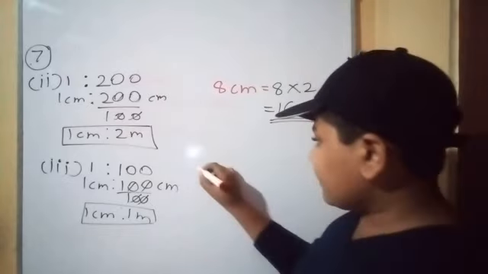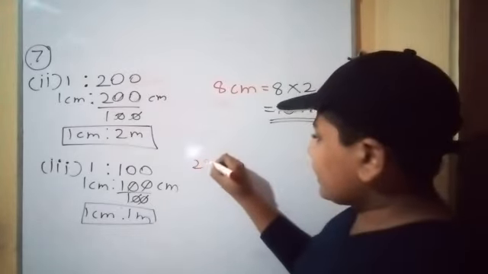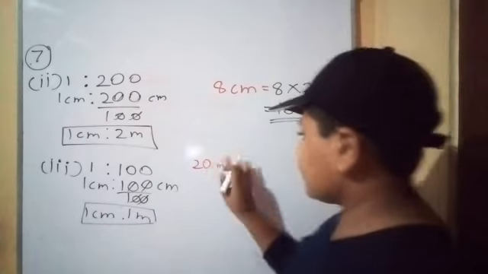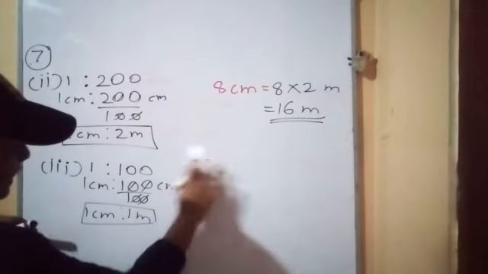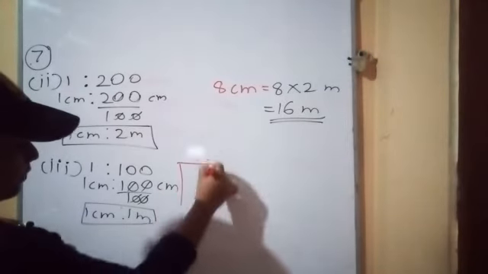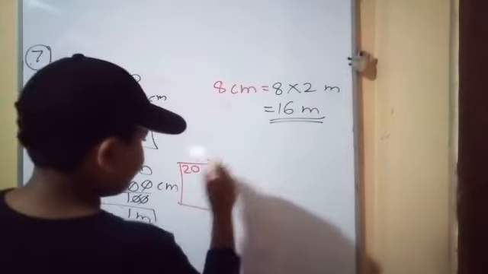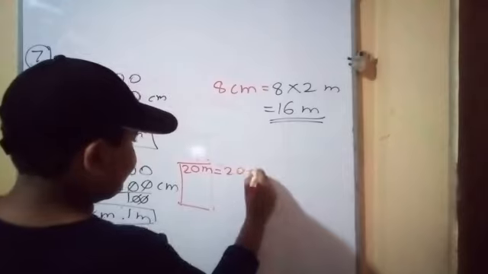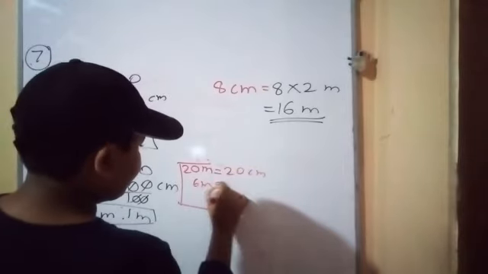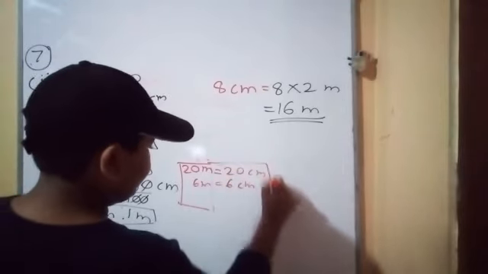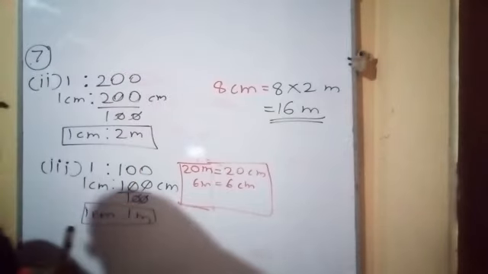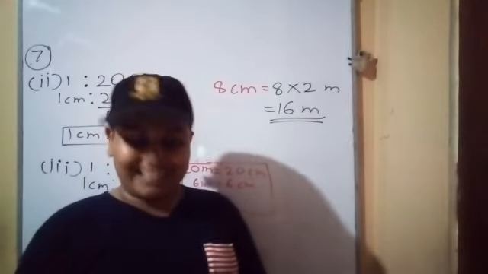So that means 20 meters means 20 centimeters, and 6 meters means 6 centimeters. So let's draw a scale diagram.